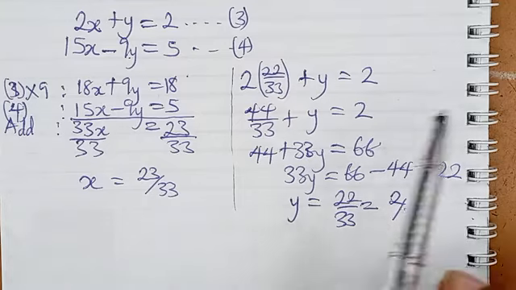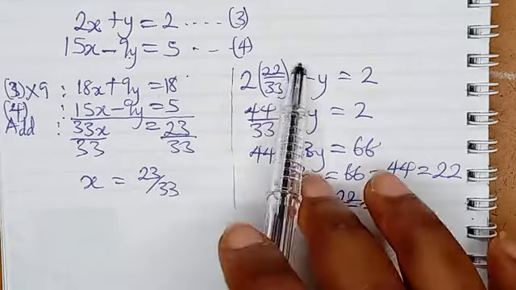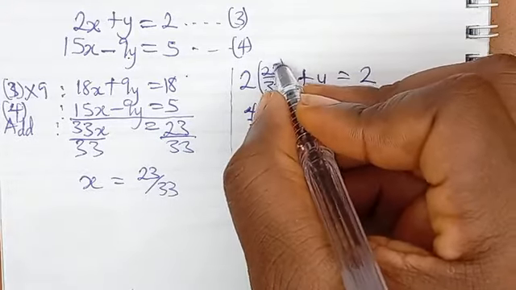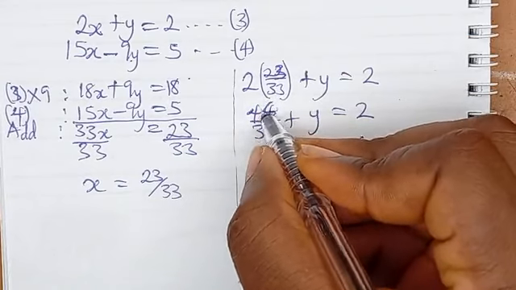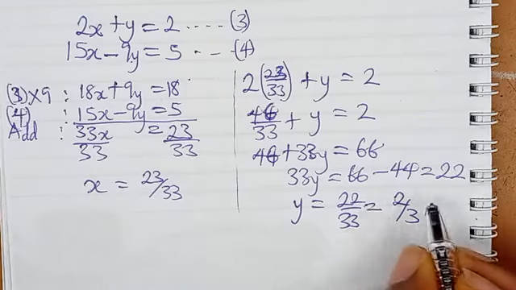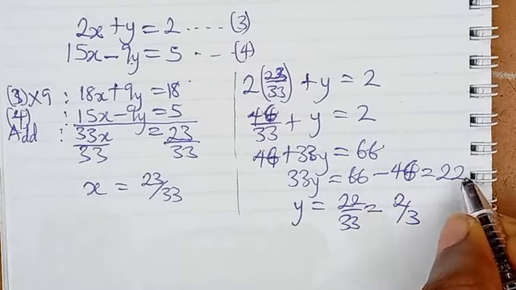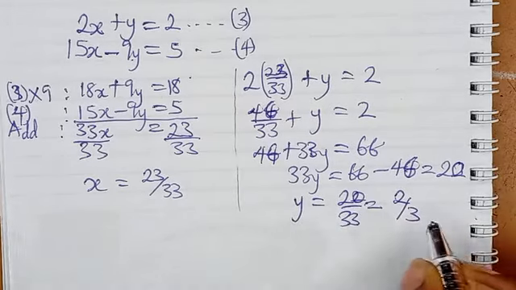Oh, looking at this just now, I found out that I copied the wrong thing. This is 23 and here I have it as 22. So if this is 23, that means 2 times this is 46. And 66 minus 46 is going to give us 20. So we have 20 over 33.